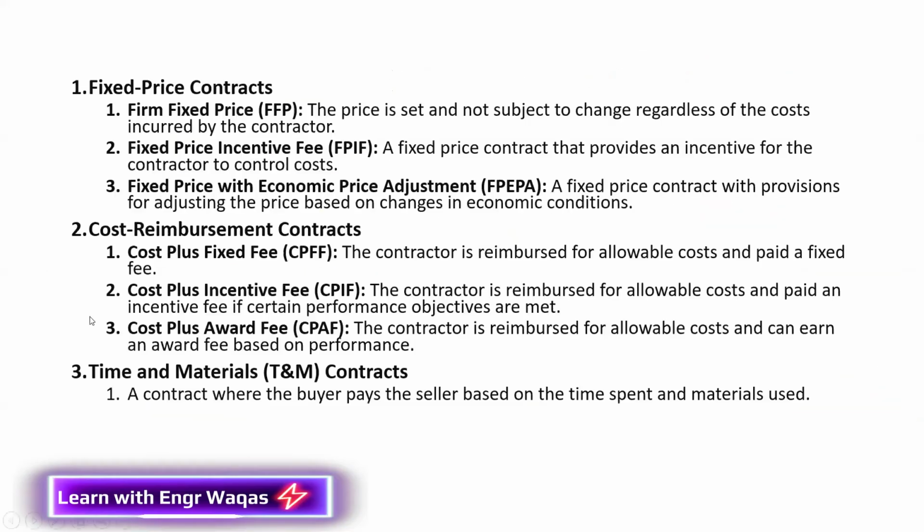So here we are. The first thing we have is the firm fixed price contract. This price is set and not subject to change regardless of cost incurred by the contractor. This type of contract is valid when you are 100% aware of the scope of work. Let's say I am going to hire a contractor for the construction of my house. I'm going to tell him that I need this house constructed in 10 million rupees, or whatever the currency is.